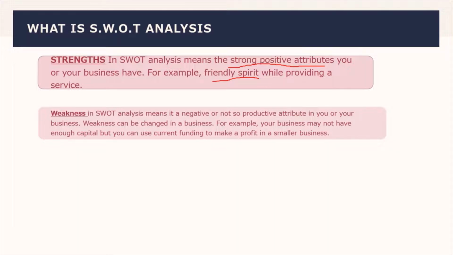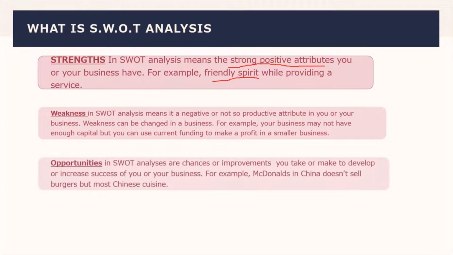A weakness, on the other hand, in the SWOT analysis means anything negative that might not be very productive in your business. It doesn't put in anything good. A weakness can be changed in a business.